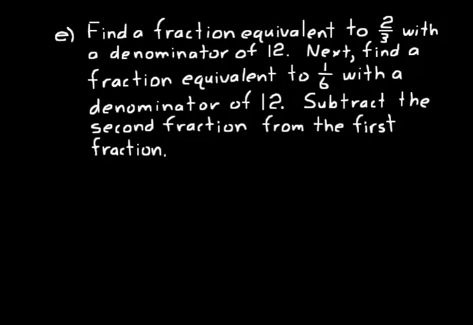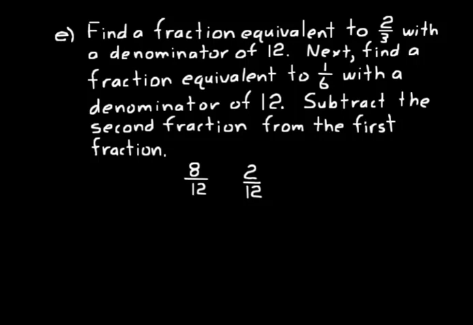Start with the first sentence. Find a fraction equivalent to 2/3 with a denominator of 12. Well, wouldn't we multiply by 4 over 4? We'd have 2 times 4 is 8 over 3 times 4 is 12. Next, find a fraction equivalent to 1/6 with a denominator of 12. So we'd multiply by 2 over 2, right? And we'd get 2 over 12.